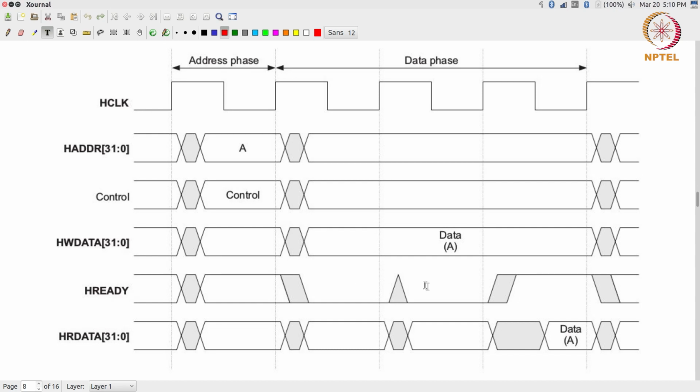But eventually we assume that the slave does become ready after a while, and the very next clock edge after that, the data coming from HW data is sampled into the slave if you were trying to do a write, or the slave would have made sure that the data available over here is correct for a read, and the master can then accept it.